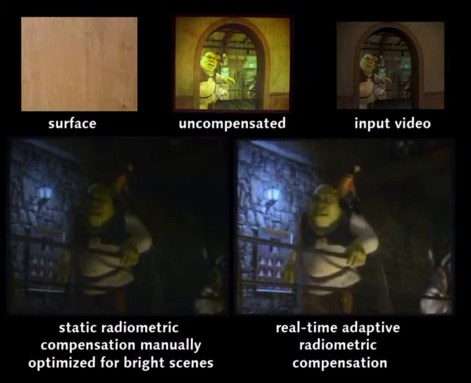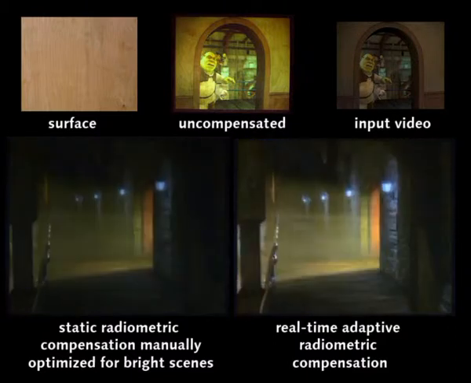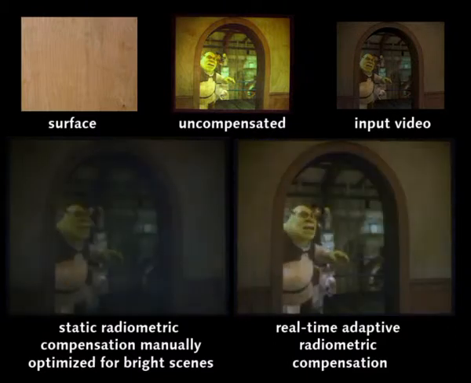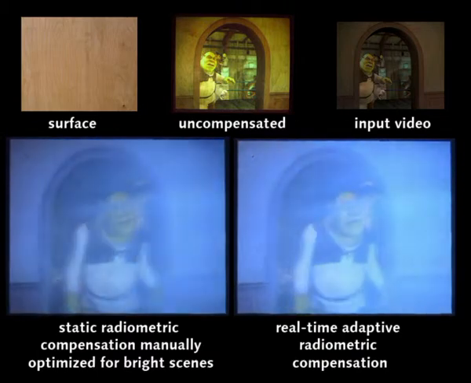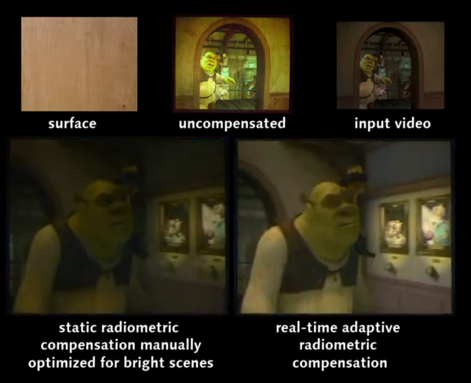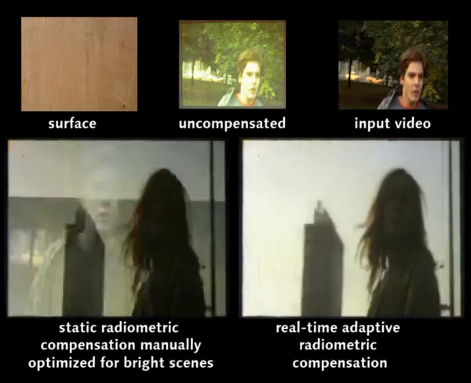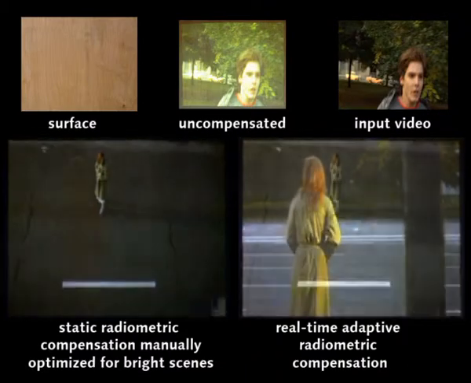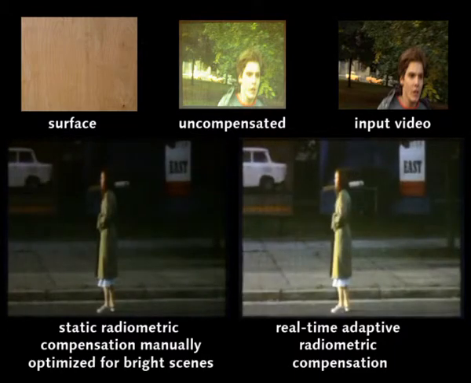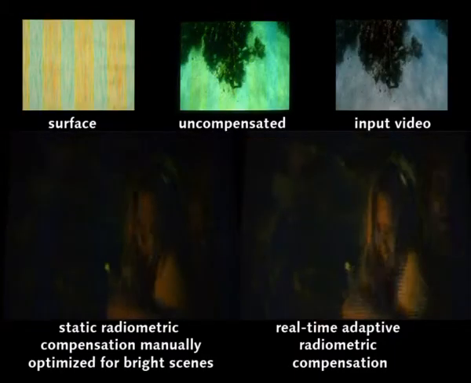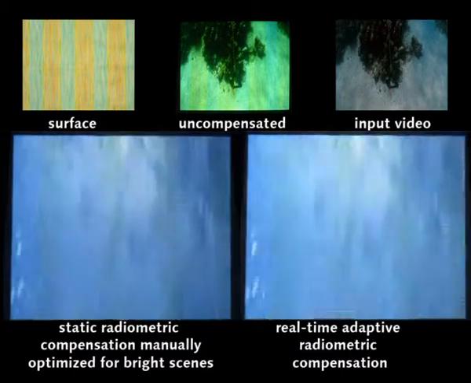These videos are projected onto a wooden panel. While a traditional compensation algorithm was used on the left, the results of our adaptive algorithm can be seen on the right. In this example, the content is projected onto striped wallpaper.